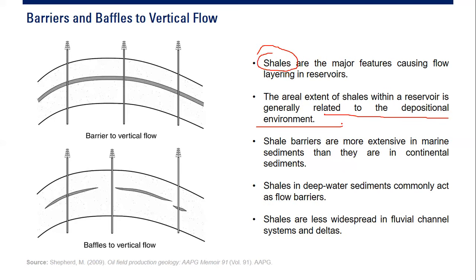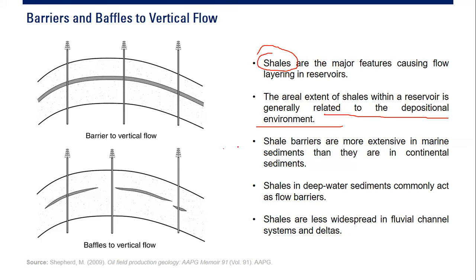Then you need to ask your geologist friends or petrophysicist friends because they are the experts in this. Knowing the depositional environment and connecting it with whether you have barriers or baffles.